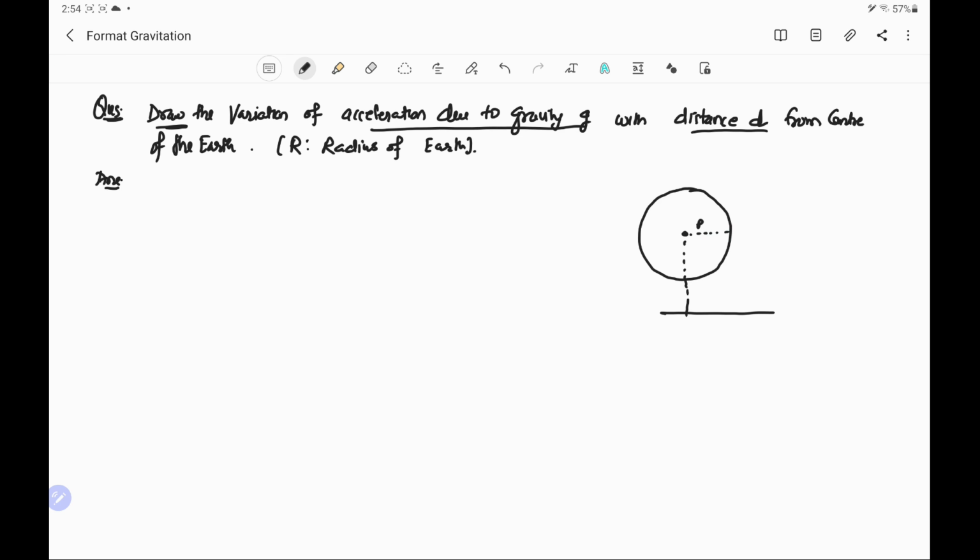This is the radius r, and it goes up to infinity. We have to draw the graph of acceleration due to gravity with distance d. This distance is from the center.